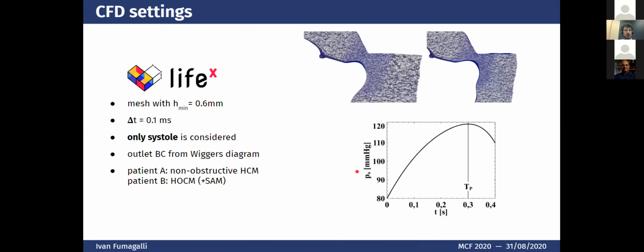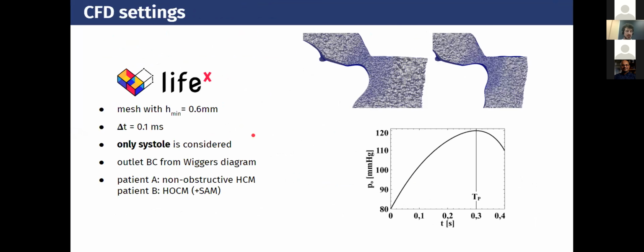We solve this scheme in the present setting. So we use the LifeX solver, which is developed in-house, and we consider in our simulation only the systolic phase.